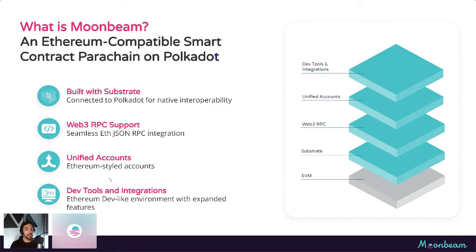Another one is unified accounts, meaning that Substrate-based blockchains usually have a different account scheme than Ethereum's. So we've modified this underlying account system so that all the actions you do on Moonbeam use Ethereum-style accounts, and using the precompiles will allow you to use your regular MetaMask wallet, Ledger, or Trezor to do things like on-chain governance and staking and so on.